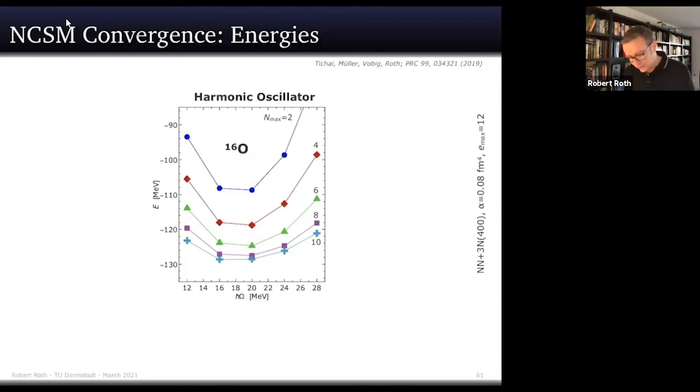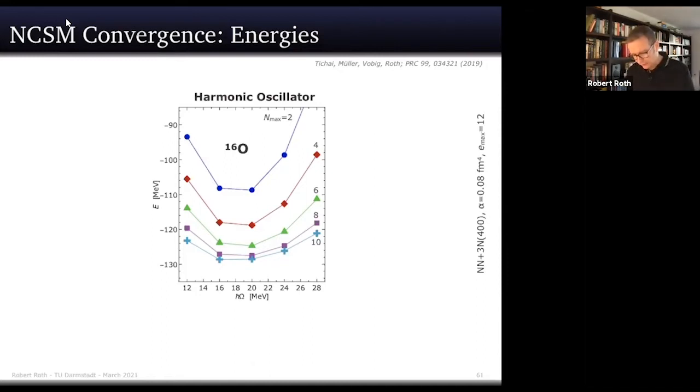The picture here is very characteristic for ground state energies. You always have this kind of parabolic behavior with a minimum. And in the region of the minimum, the succession of these points looks nicest. So you get the best, fastest convergence.